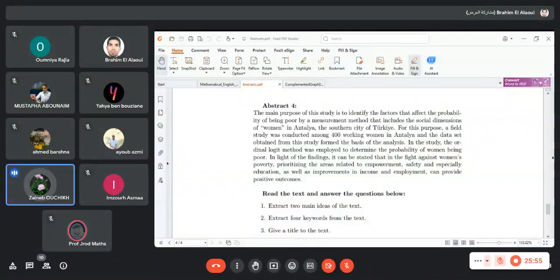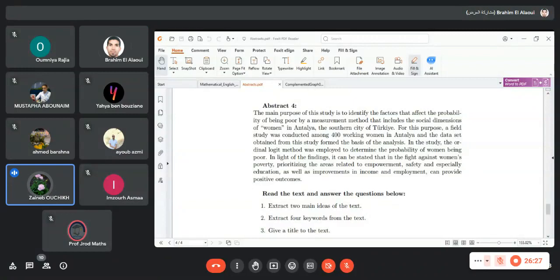The second idea is that the measurement method was the ordinal logit method, which led to the conclusion that the main ways to defeat poverty are prioritizing women's empowerment, safety, education, as well as improving their income and employment.